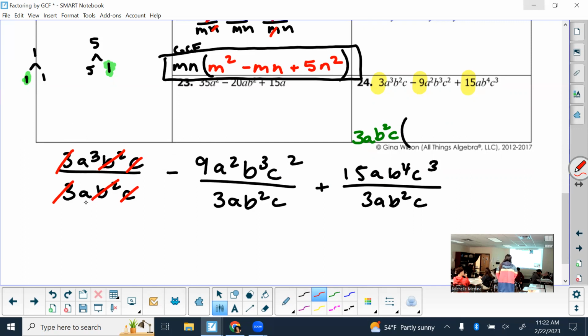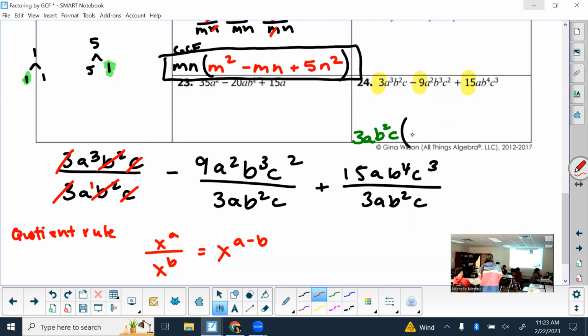These ones have different exponents. So for this, you have to remember your quotient rule, one of the exponent rules that we learned. That says if I have the same base, what do I do with the exponents? I subtract them. So if I have A cubed and A to the first, what's going to be my new exponent on the A? Good. Then you do the rest.